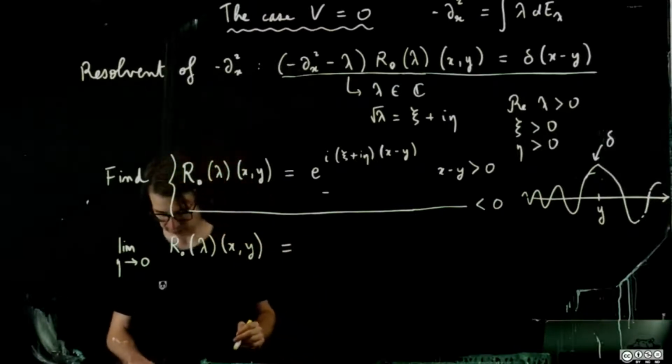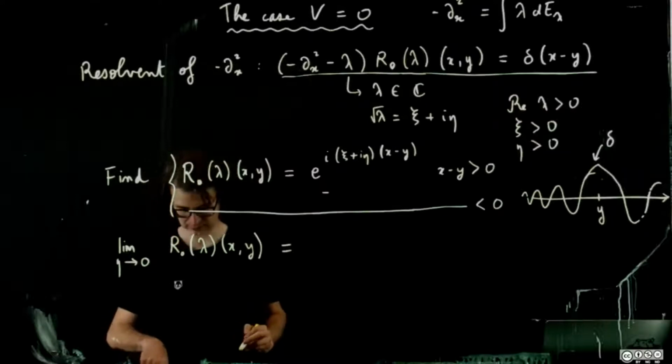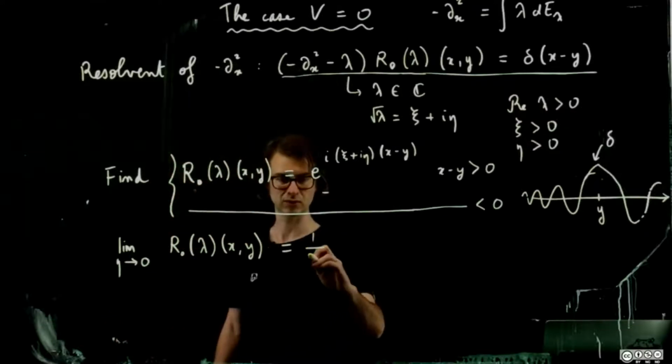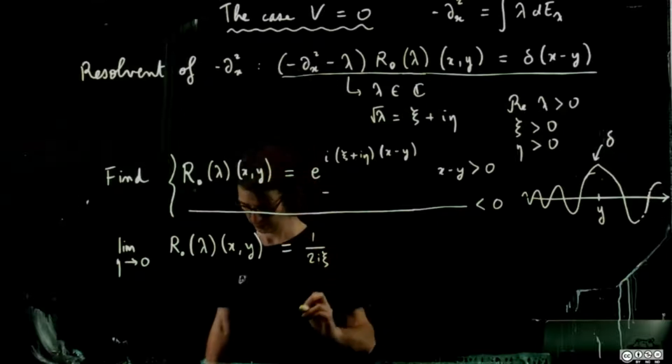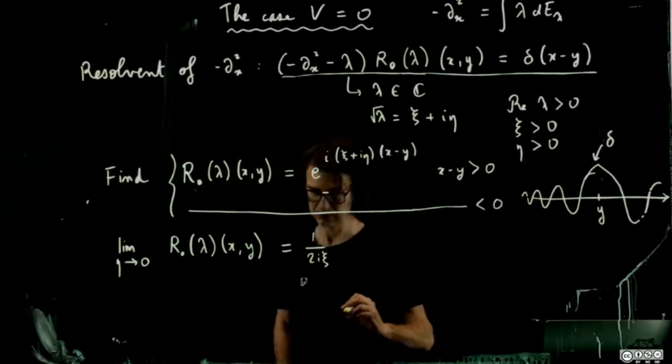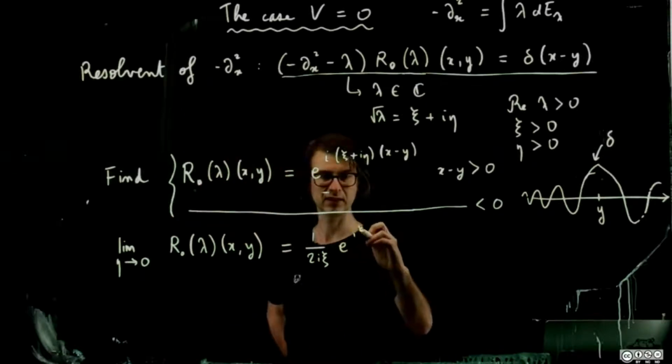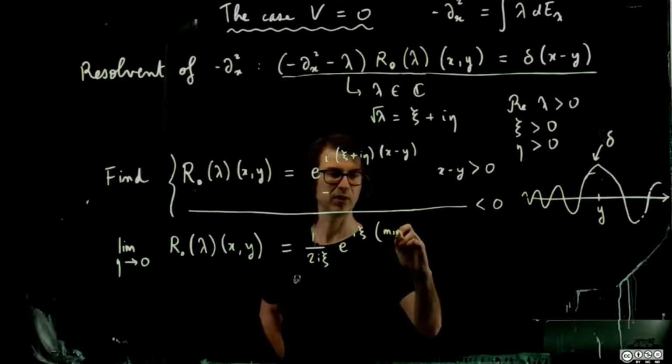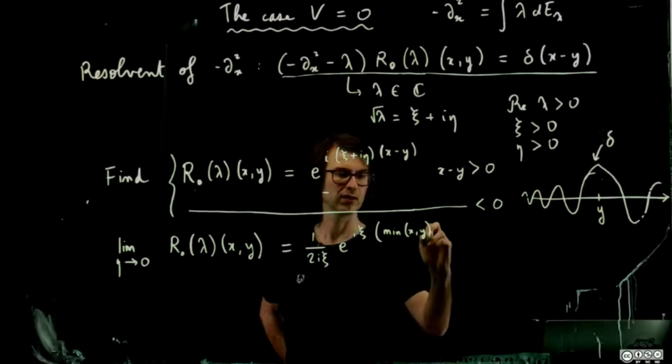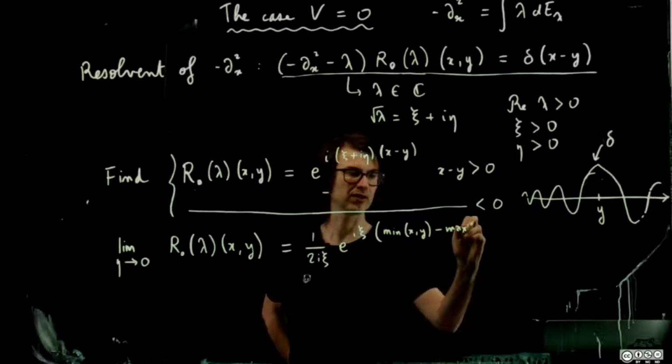And what you find is 1 over 2 i xc, e to the i xc, and here you have the minimum of xy minus the maximum of xy.